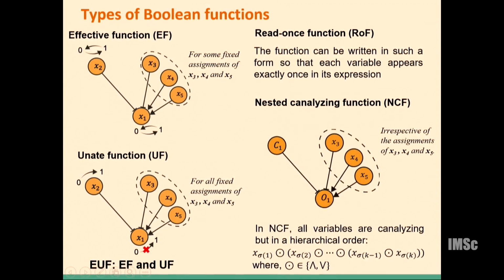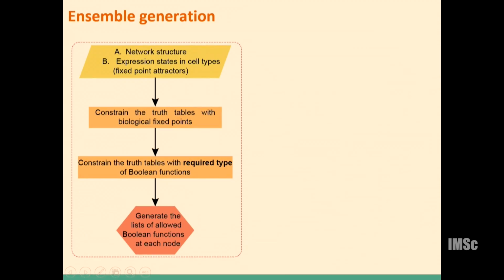I'm not explaining the definitions of all of these, but I will just mention that these 3 types of functions are known to be biologically meaningful, where the effective functions almost capture the whole state space of Boolean functions and can be considered as random Boolean functions. Now we have the quantities that distinguish the structural features, and we know which are the biologically meaningful functions. Now we want to check whether these biologically meaningful functions lead to more bushiness or not.